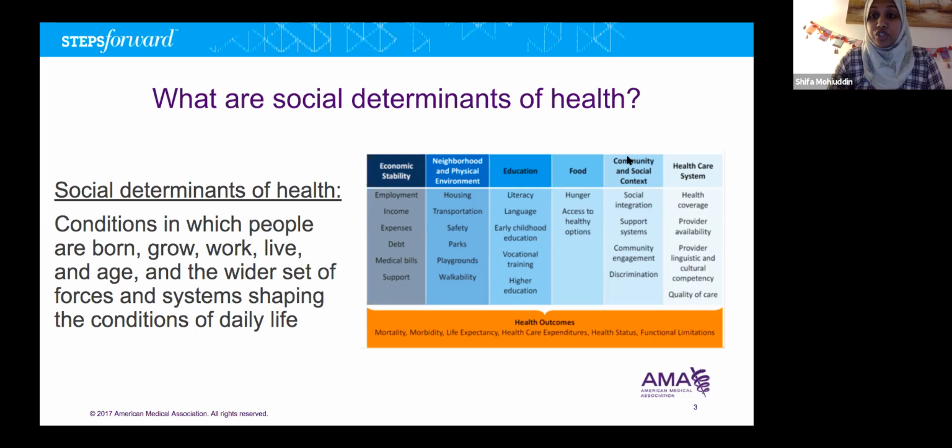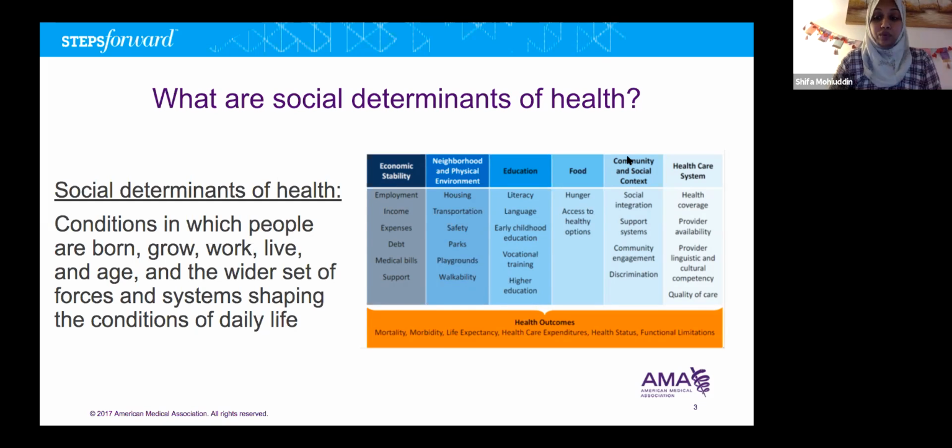Whether or not they have insurance or health coverage depends on the healthcare system and what it provides, whether it's a socialized system or more like private insurance, HMO, PPO, or Medicaid, Medicare. The type of insurance a person has also determines what types of health coverage they might have.